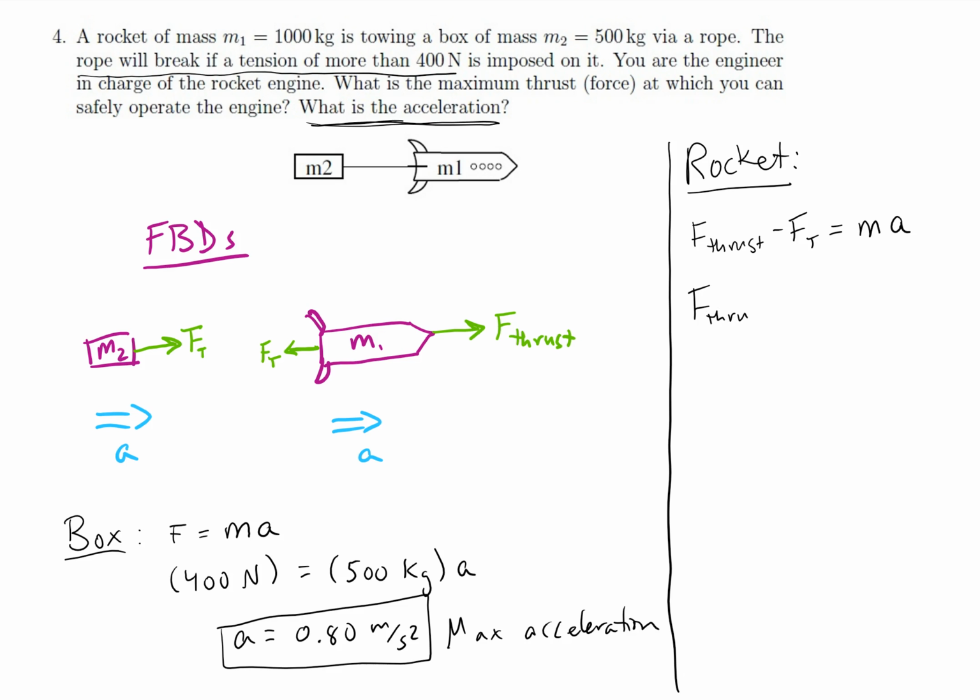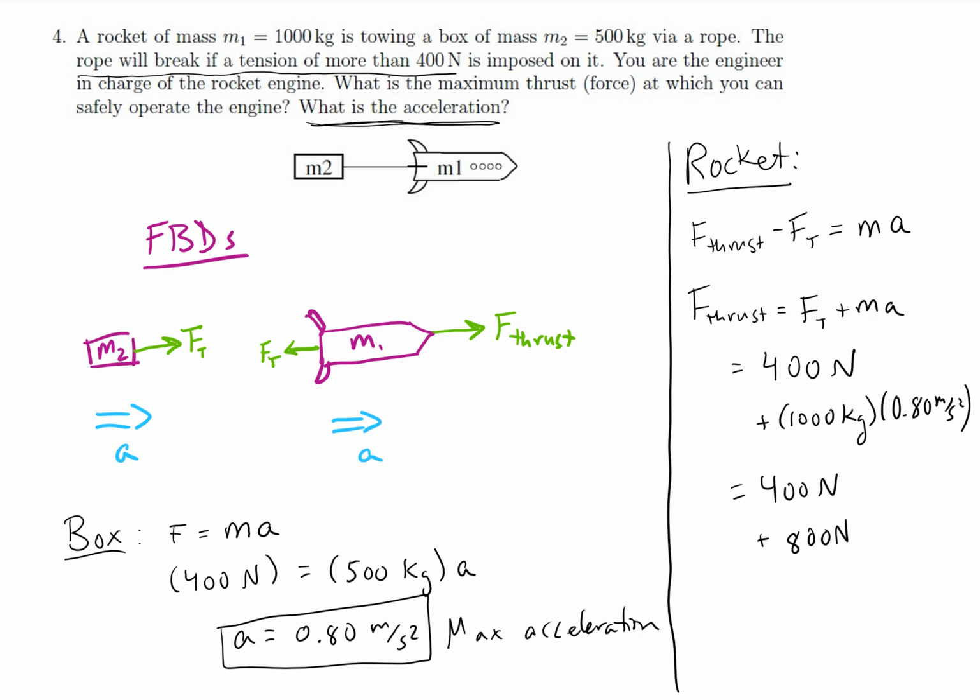So the thrust can equal the tension force plus ma. The tension force we said at maximum was 400 newtons, and ma is 1,000 kilograms times the acceleration we just calculated. So what we get is 400 newtons plus 800 newtons, or 1200 newtons, and that's the thrust force that we're allowed to apply.